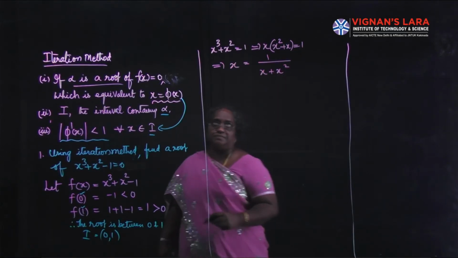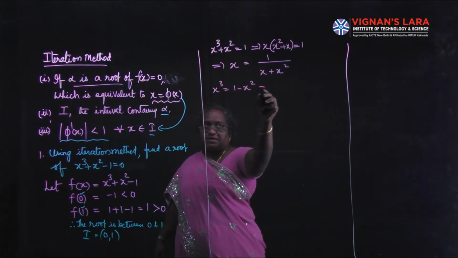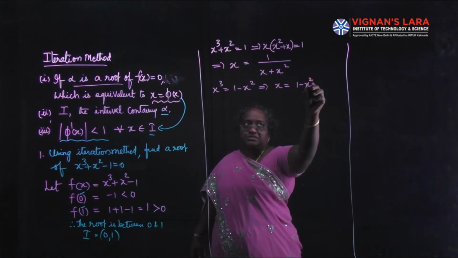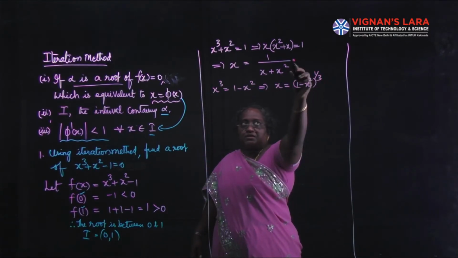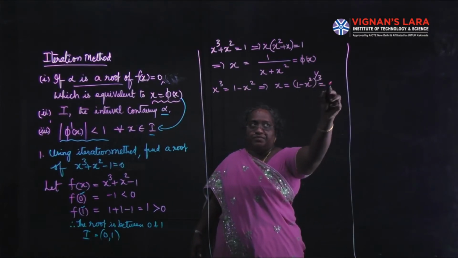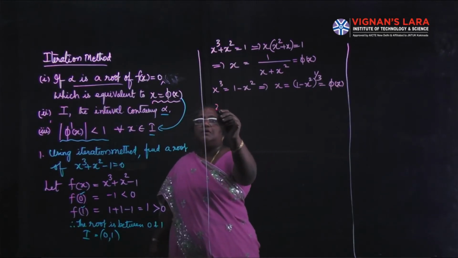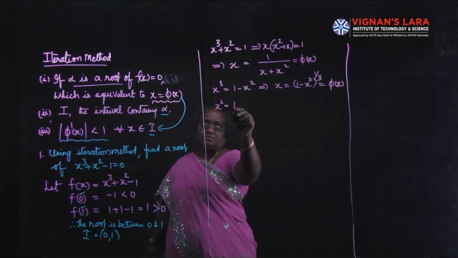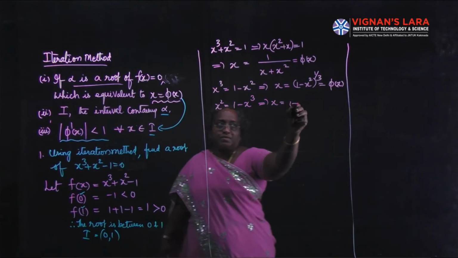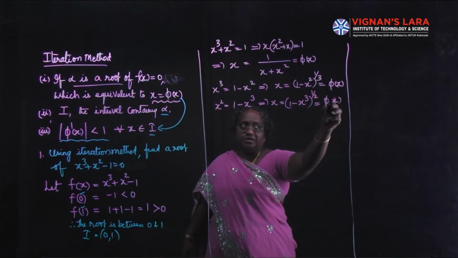This is one way. Next, x cube is equal to 1 minus x square, which implies x is equal to 1 minus x square whole power 1 by 3. This is our phi of x. We can write it in this way. Next, x square is equal to 1 minus x cube, so x is 1 minus x cube whole power 1 by 2. Even this is also our phi of x.